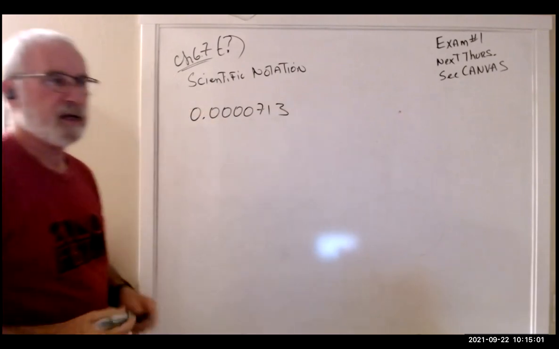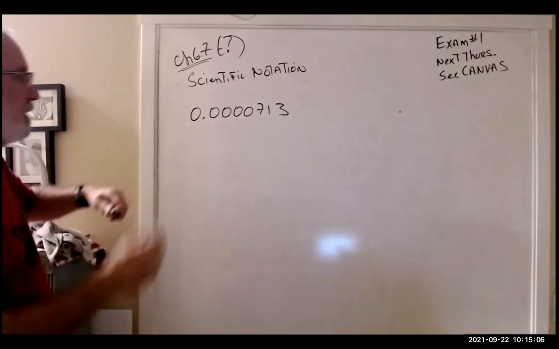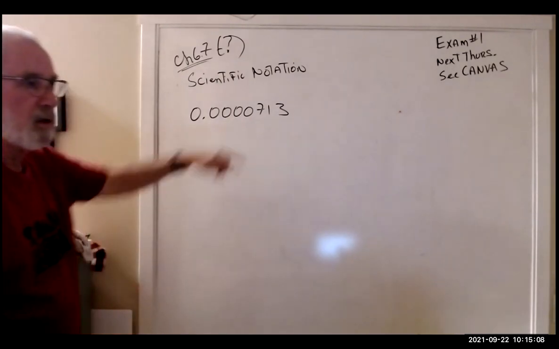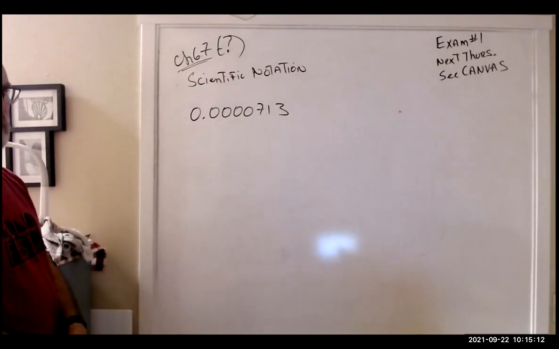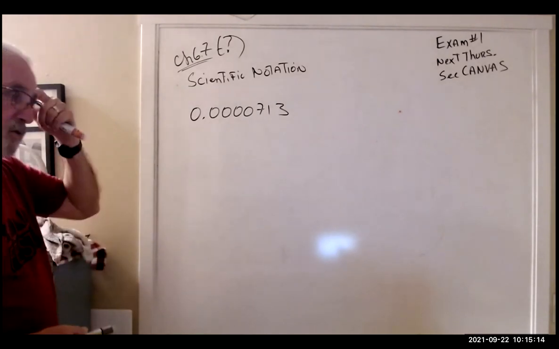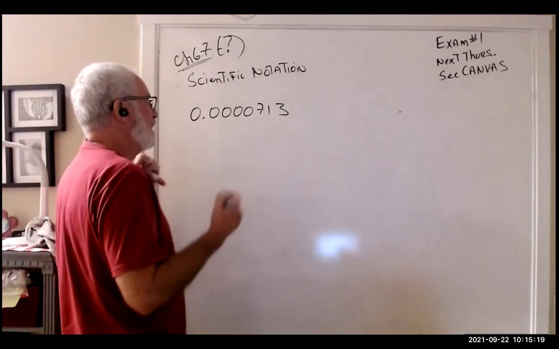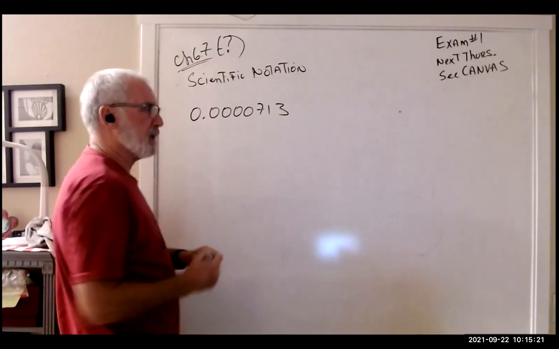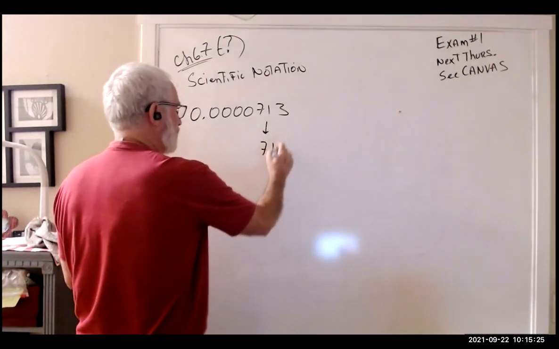I have no idea what that is. Somebody's measuring something on a quantum scale or less than that. Actually, if it's quantum scale, it has more zeros in there. But they're measuring something that's incredibly tiny. Well, in scientific notation, we have to move this to a number between 1 and 9.999. So the first thing we do is take this and rewrite it as 7.13.